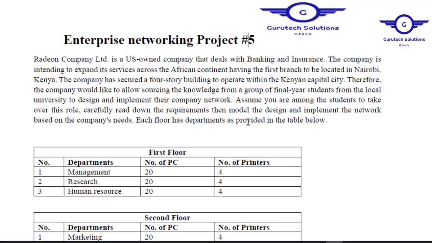Each floor has departments as provided in the table below. So guys, basically there is a US-based company that is intending to open a branch in Africa, to be located in Nairobi, Kenya. And as a company that would like to inspire IT students, it has given the space, or rather room, for students to come and design and implement the company network in order to improve on their skills.